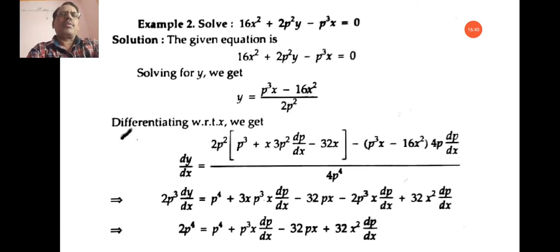So 2p square into p cube plus x into 3p square into dp by dx, minus 32x minus p cube x minus 16x square into 4p into dp by dx.